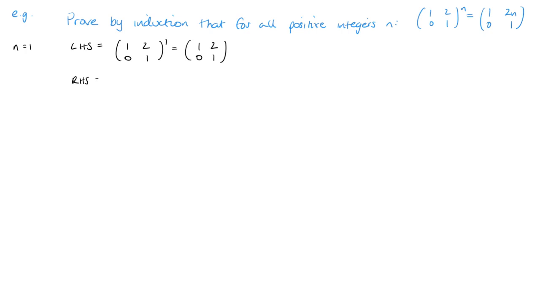Now let's look at the right hand side. And this is 1, 2 times 1, 0, 1, which is 1, 2, 0, 1.